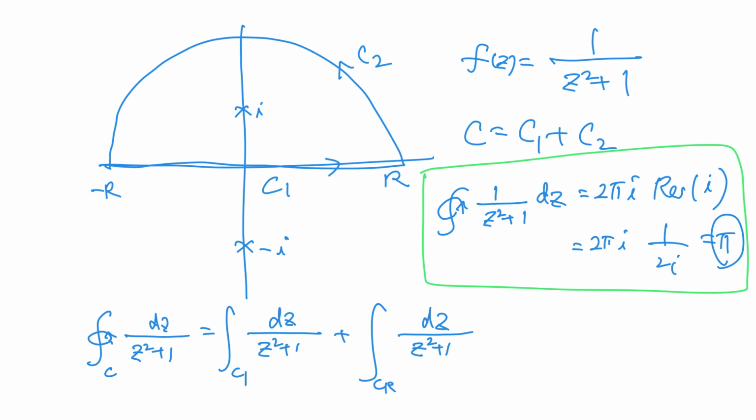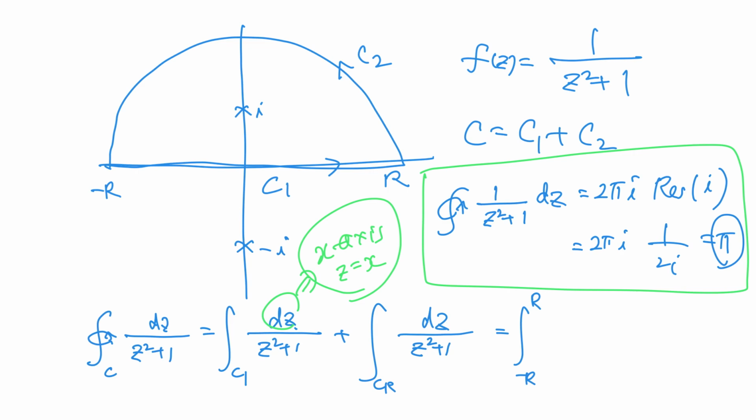you can divide this into 2, right? The C1 is on the real axis. This is the x-axis. So here, z is simply x, right?